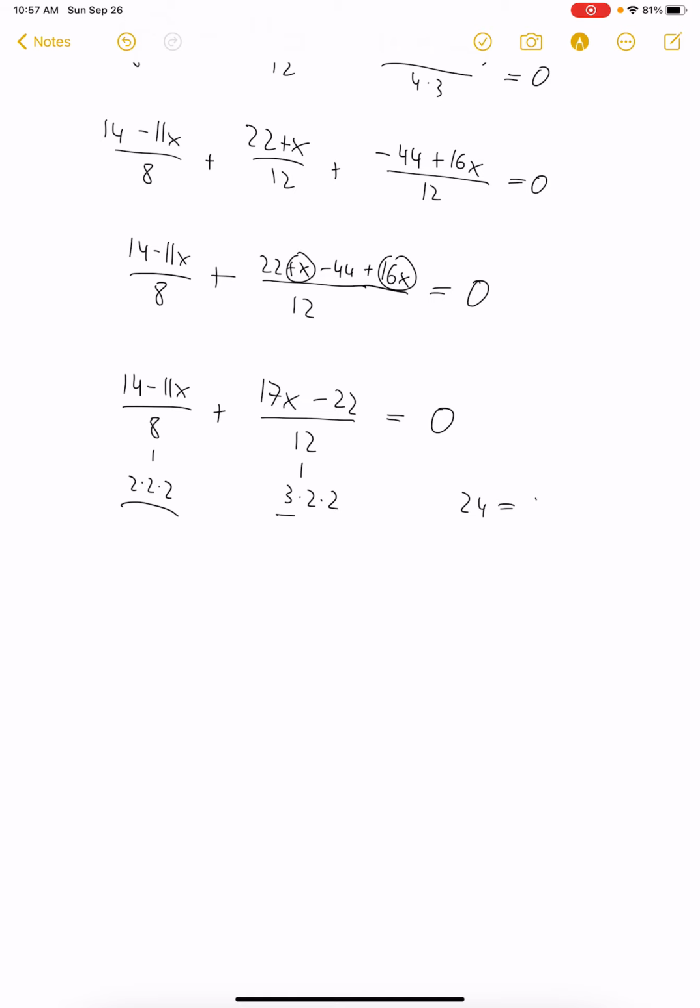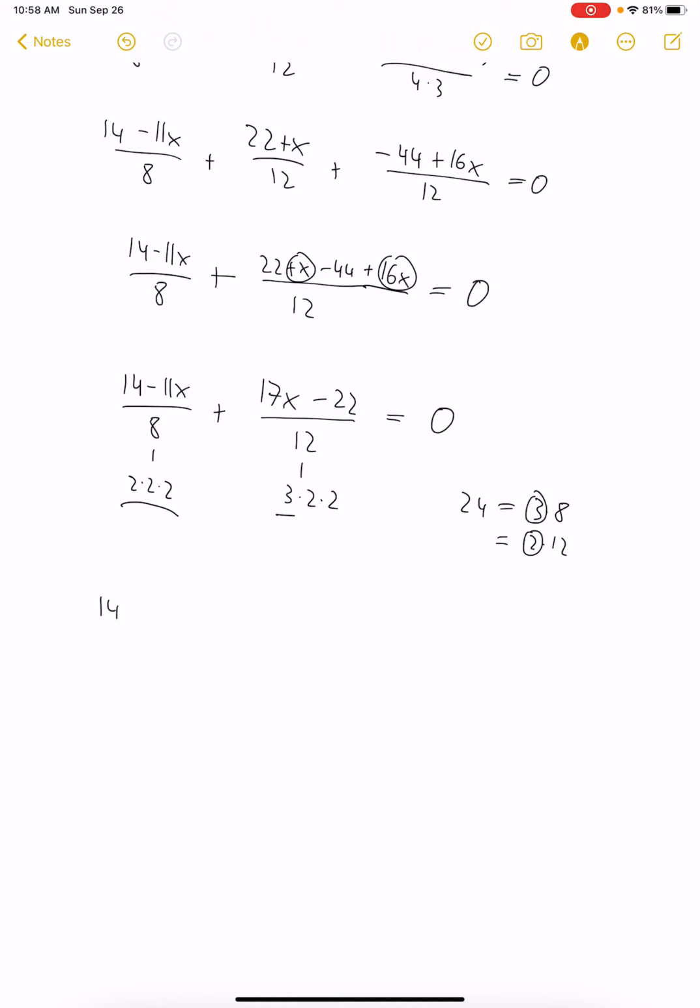And indeed, 24 is 3 times 8, and at the same time it's 2 times 12. So we know that we have to multiply the first fraction by 3 and the second fraction by 2.